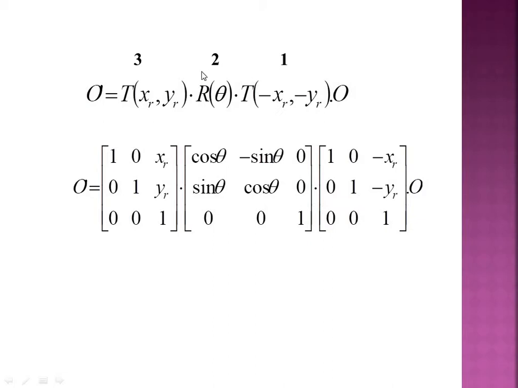So step by step we have to arrange these matrices, but from right to left. This sequence is very important because matrix multiplication is not commutative. If you change the places of these matrices, it will affect your answer and you will not get the correct answer. So please be careful while arranging these matrices.